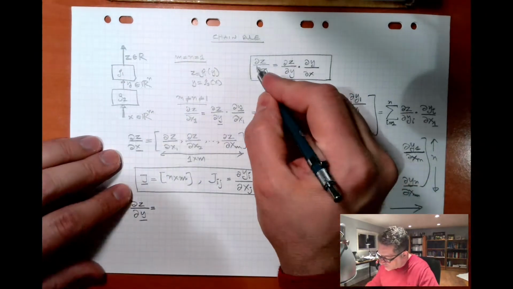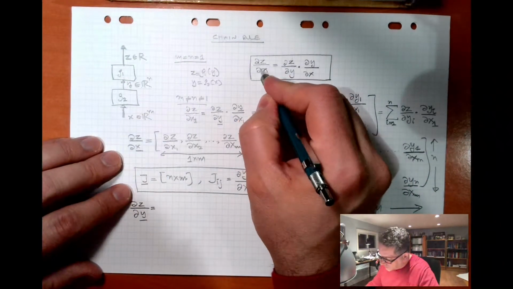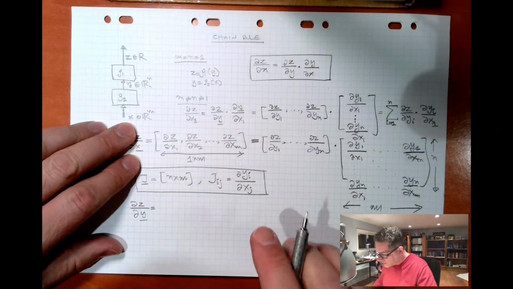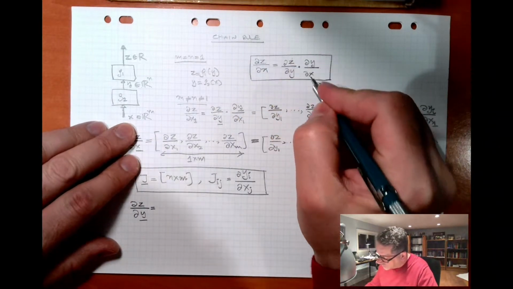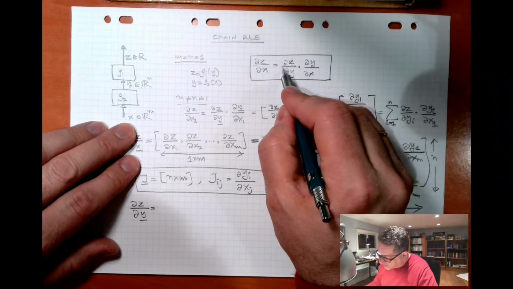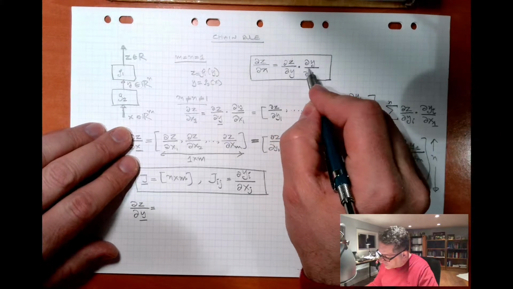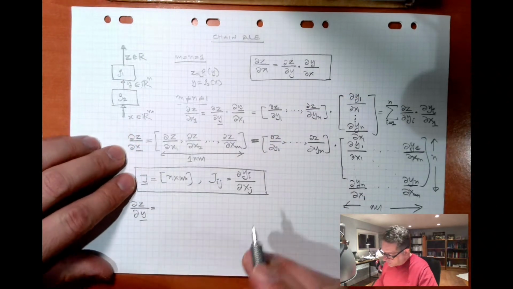So this is actually represented with a partial derivative of z with respect to x, and this, according to the chain rule, is actually given by the partial derivative of z with respect to y times the partial derivative of y with respect to x.